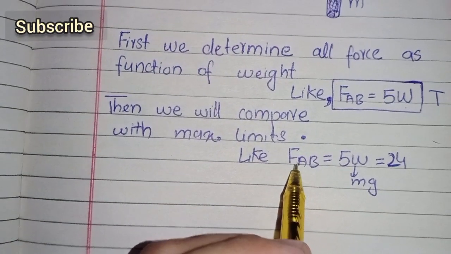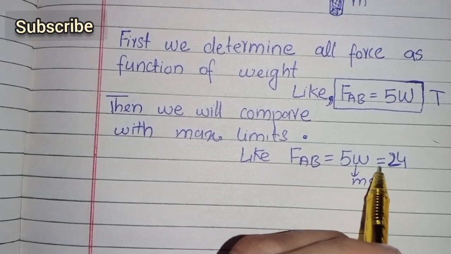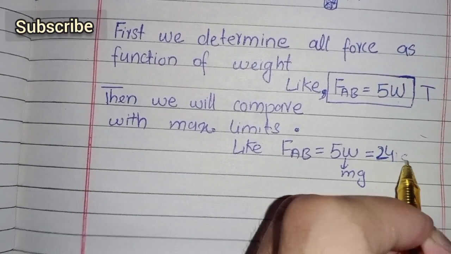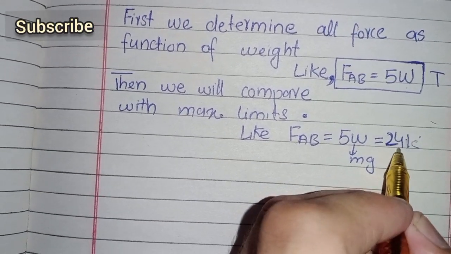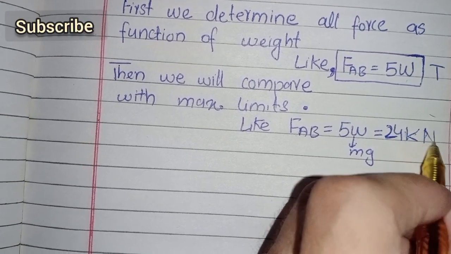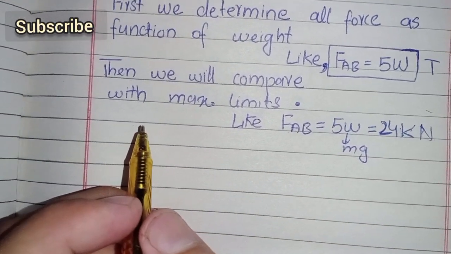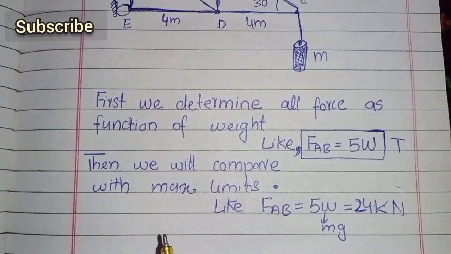For example, FAB is a tensile force, so we equate it with 24 kilonewton. Then we will solve for the mass that can support FAB.